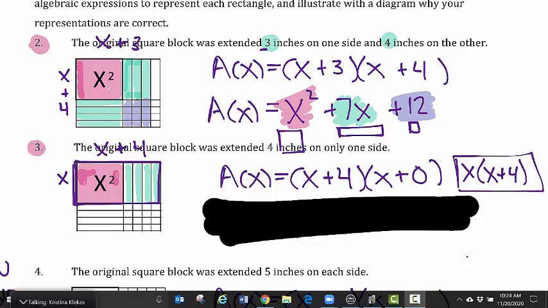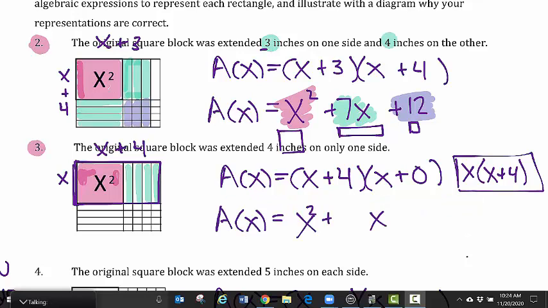And then if you were going to count them up, you'd have 1 x squared, plus how many x's? 1, 2, 3, 4, plus 4 x's, and that's all you get. And notice if you'd multiplied this, x times x is x squared, x times 4 is 4x, so it's the same thing.